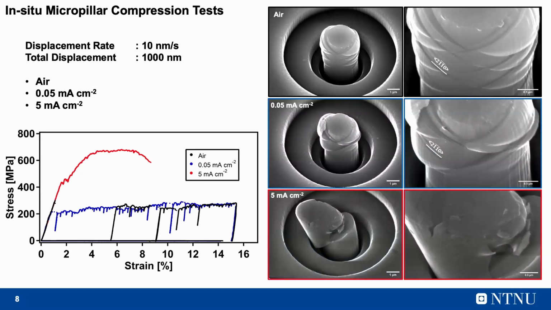And here you can see the SEM images of these three conditions. As expected, we have the slip systems activated, the prismatic slip system activated on the 2, -1, -1, 0 direction, which corresponds to prismatic slip in that case. In the air case, you can see large slip traces.